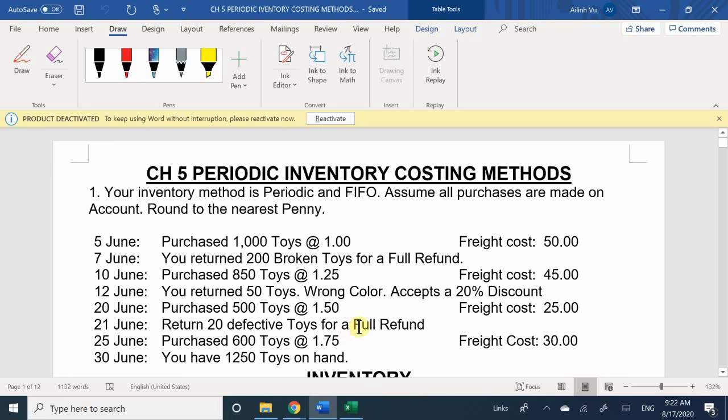Okay, so let's go ahead and look at our first scenario. Here, chapter 5, number 1, your inventory method is periodic and it's FIFO. Assume that all purchases are made on account, round to the nearest penny. So the first thing that happened was what?